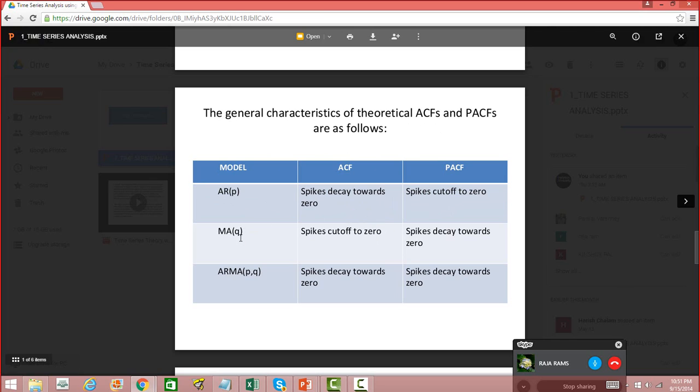In the case of an MA model, the ACF spikes cut off to zero and the PACF spikes decay towards zero. And for the ARMA(p,q), both the ACF and PACF spikes decay towards zero.